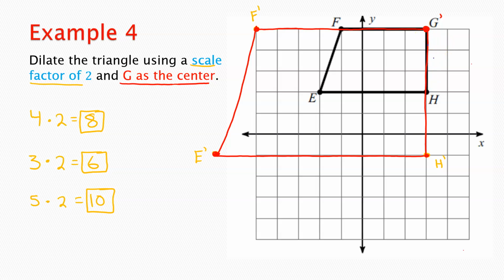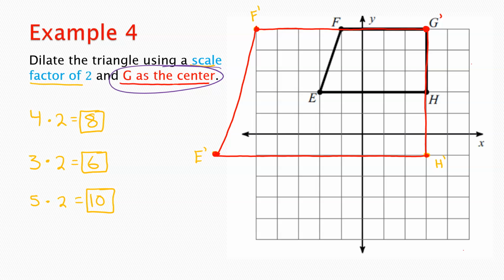When you apply that scale factor, G is the anchor. That one does not move. It now turned into 1, 2, 3, 4, 5, 6. It doubled in size. This top side here that used to be 1, 2, 3, 4 units doubled in size to be 8 units long. But again, it's all happening from point G because that is your center.